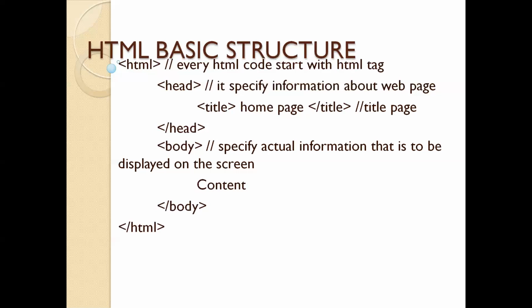The title of the web page can be specified by using the title tag, and then body. It specifies the actual information that is to be displayed on the screen.